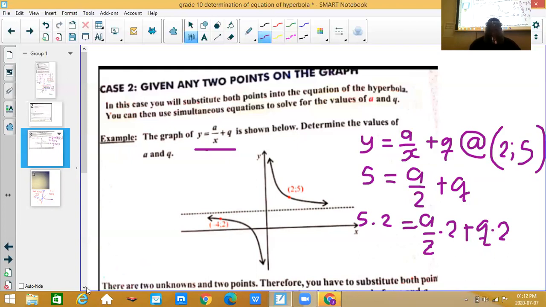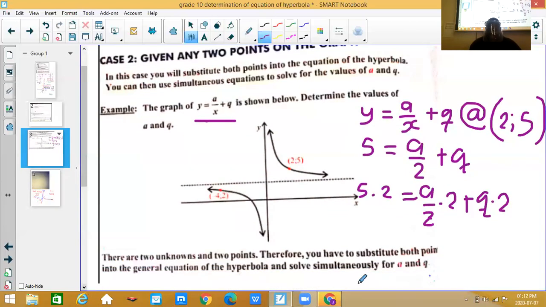Are you following that? If you multiply by 2, these 2 here and these 2 will simplify. What do we remain with? A. Now, 2 times q, we have 2q. On the right hand side, this is what we have.